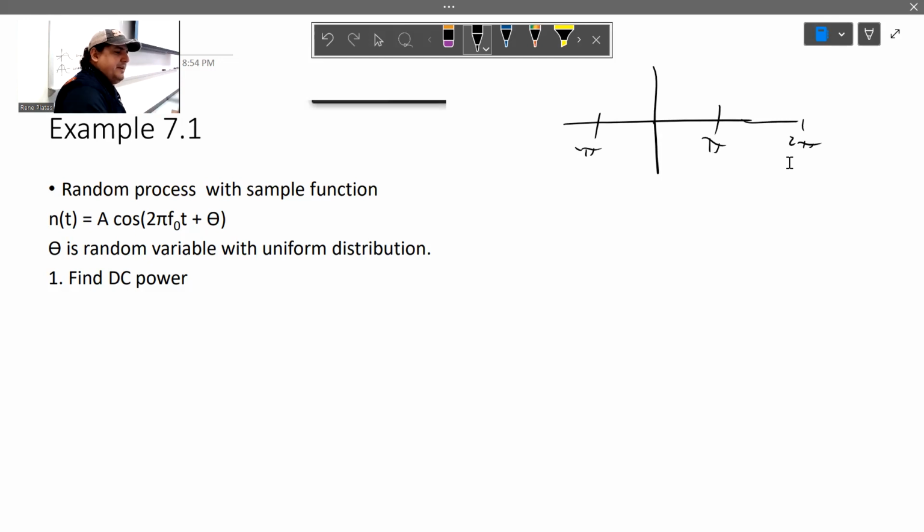So anything on this side and this side is redundant, so we don't include them. All we care about is the values between negative pi and pi, and since it's an even distribution, it's gonna look like this. That's the distribution of theta. Find the DC power.